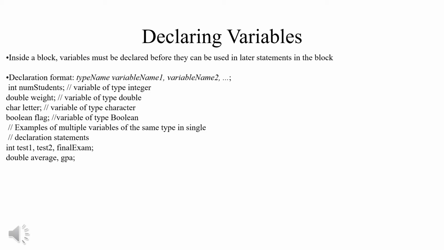As you see here, int test1, test2, and final exam, semicolon, or double average, comma, GPA and semicolon. So that's how you can declare a variable in a block.